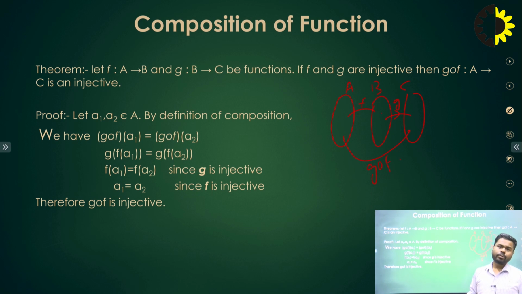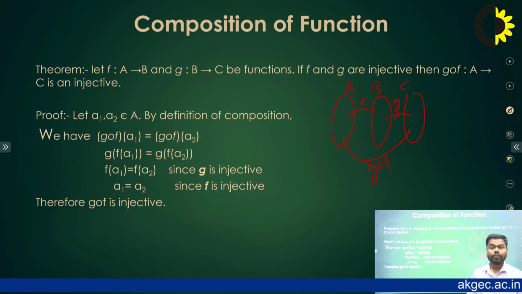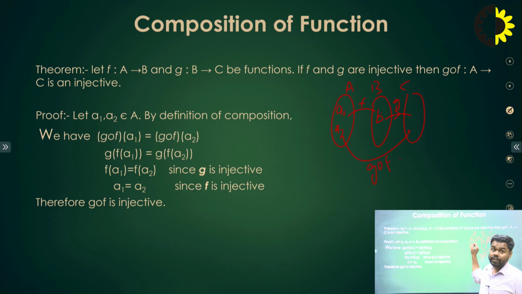For injective, we have to show that every element of the domain is mapped to a distinct element of the codomain. So let a1 and a2 belong to A. By the definition of composition, if a1 and a2 are mapped to the same element and the function is injective, then a1 and a2 should be equal.